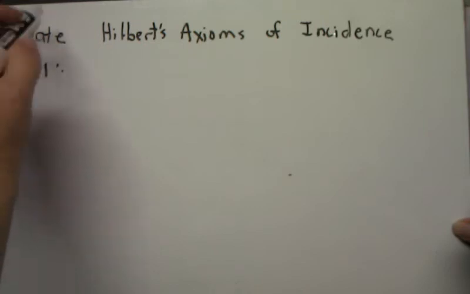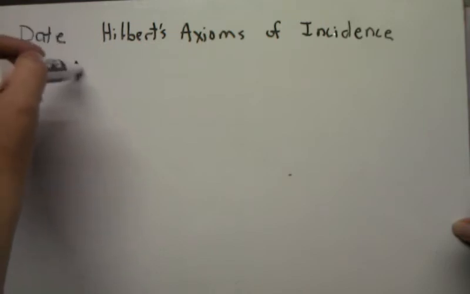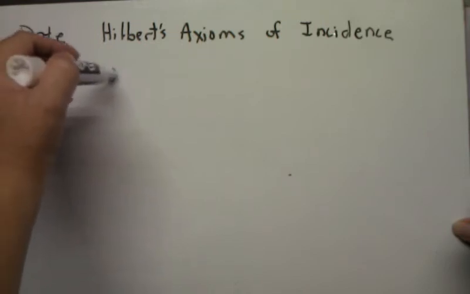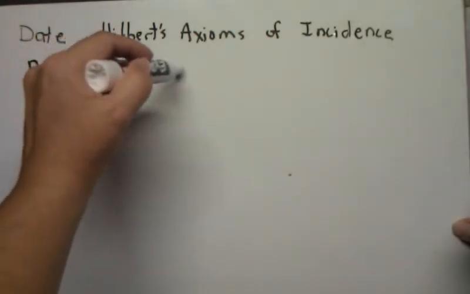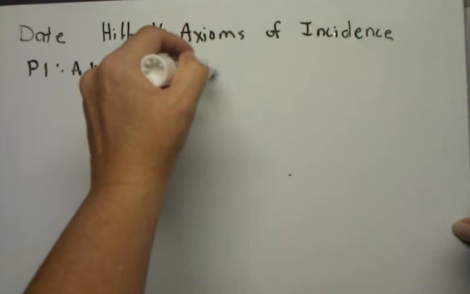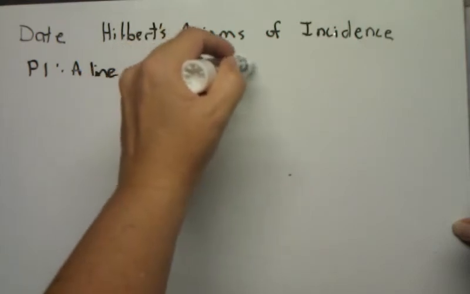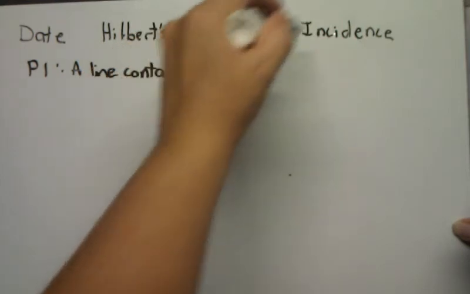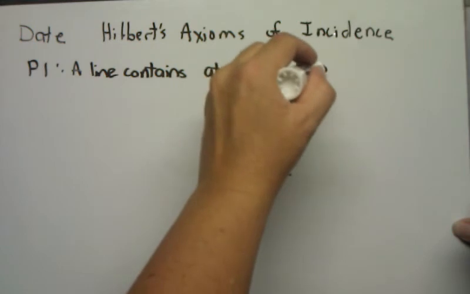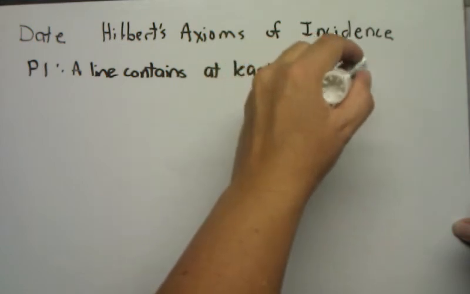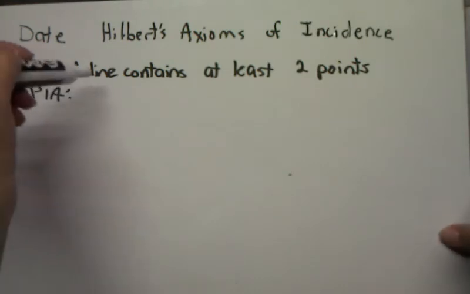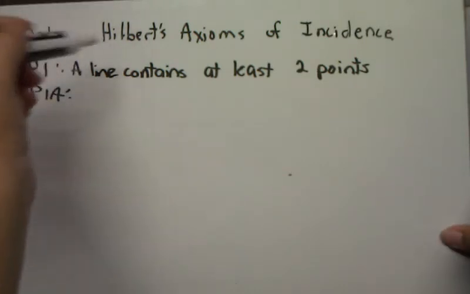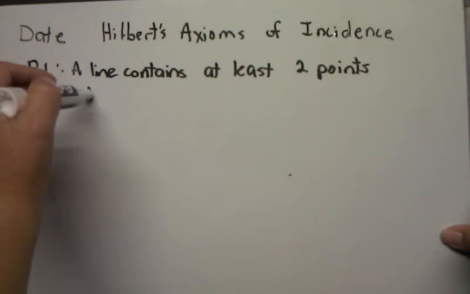Postulate 1, a line contains at least 2 points. Postulate 1A, a plane contains at least 3 points not on one line.